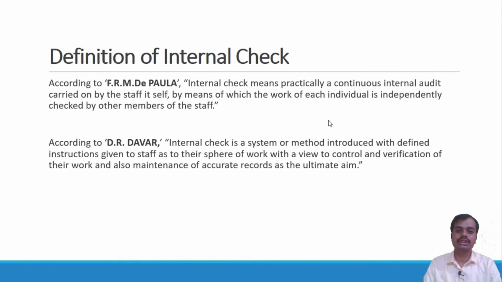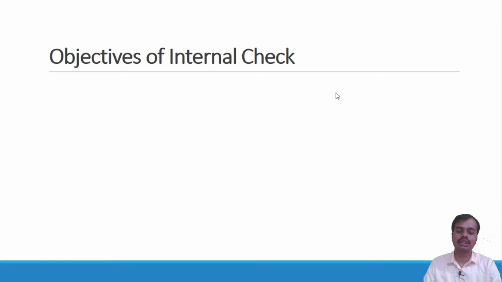Internal check is a system or method introduced with defined instructions given to staff as to their sphere of work, with a view to control and verification of their work, and also maintenance of accurate records as the ultimate aim. Now we will see the objectives of internal check.